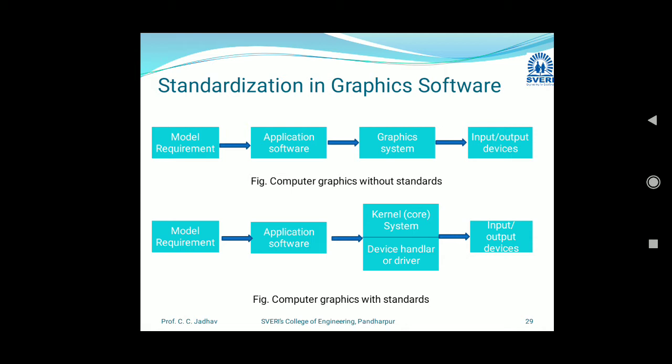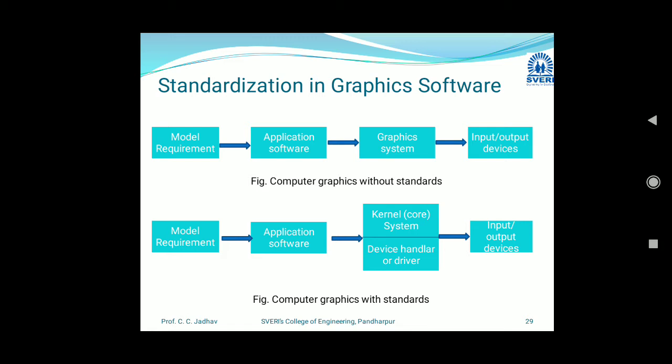The major focus of these organizations is to make the application software device independent, and therefore the graphics system is divided into two parts. One is the kernel core system, which is hardware independent, and second is the device handler or driver, which is hardware dependent.